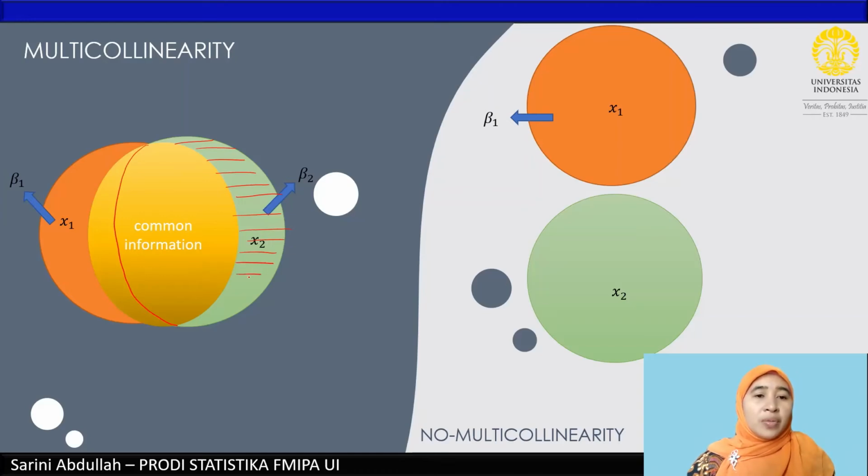So the beta 2 that comes out in the estimation of the beta parameters in the model is just measuring this much, while actually when there is no multicollinearity, beta 2 is the whole thing in here.